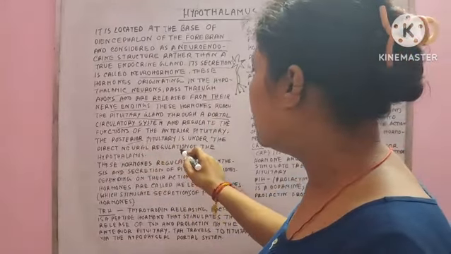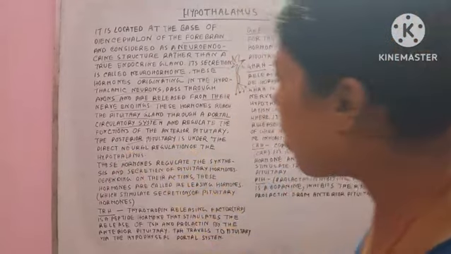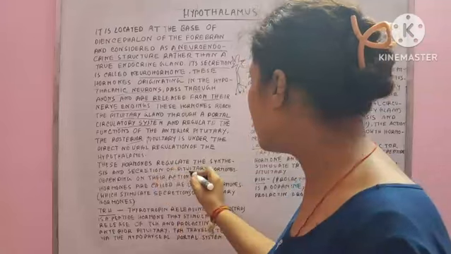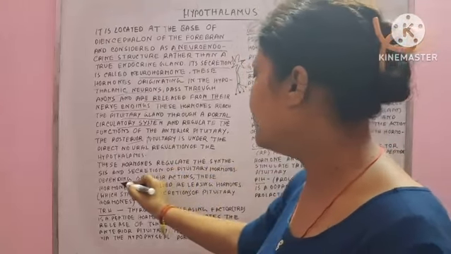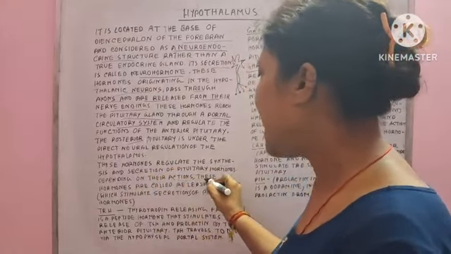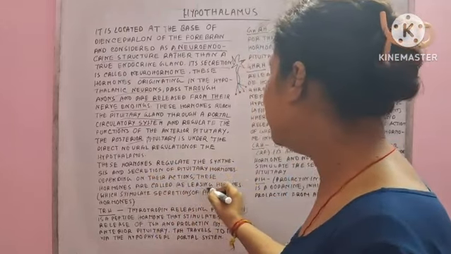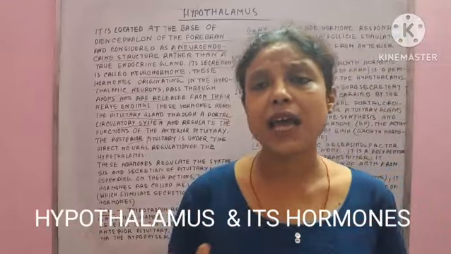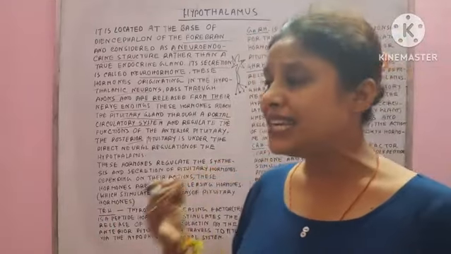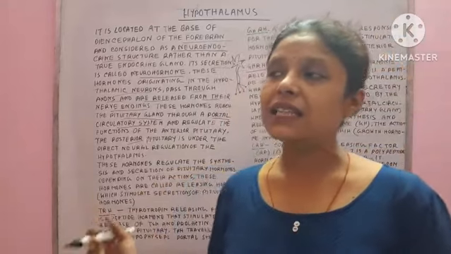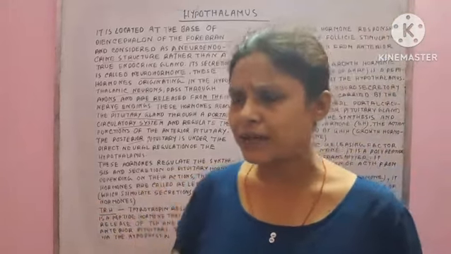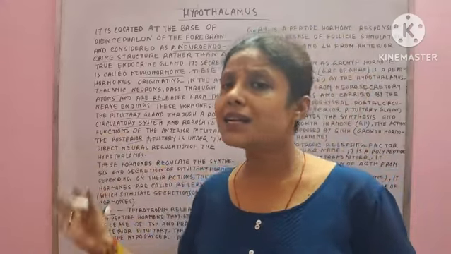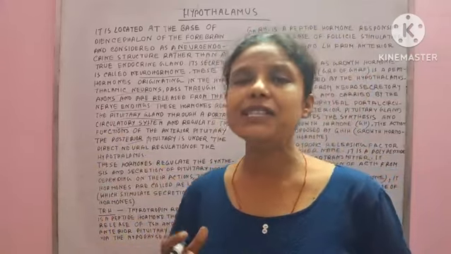Now, these hormones generally regulate the synthesis and secretion of the pituitary hormones depending on the actions, and these hormones are called releasing hormones. That means there are two types of hormones present in the hypothalamus: the releasing hormone and the inhibiting hormone.